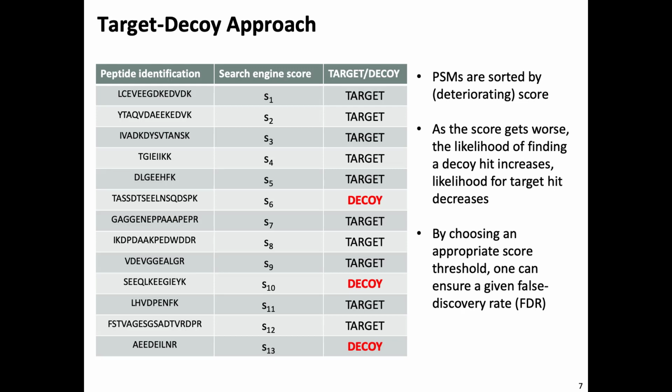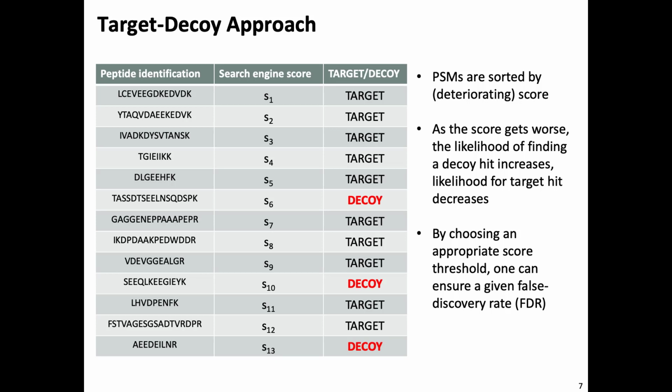Assume you search an experimental spectrum against a database where you included your organism, say yeast, and then you take all the proteins and read the sequences from the back. None of these proteins should be found in your sample.